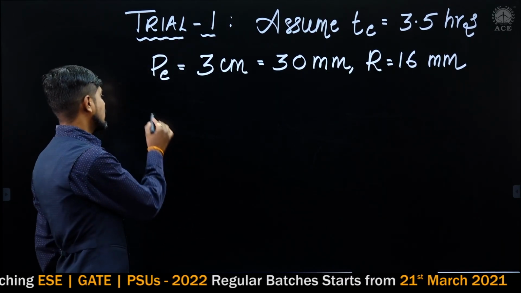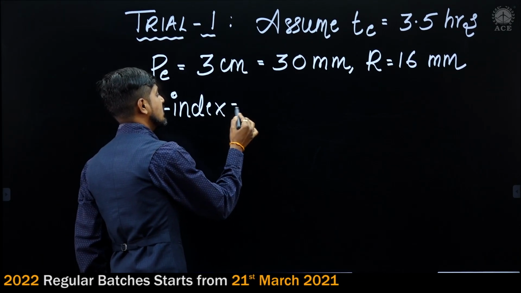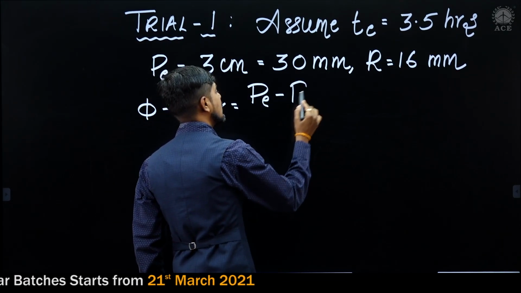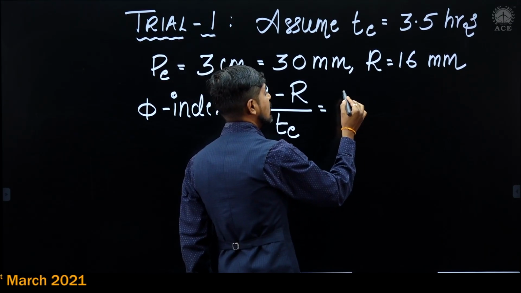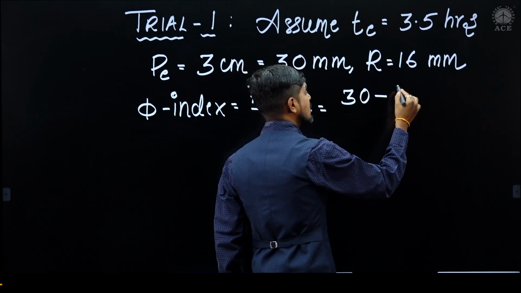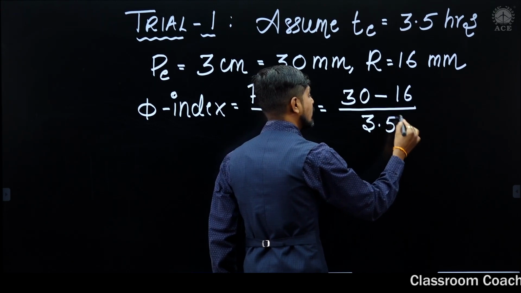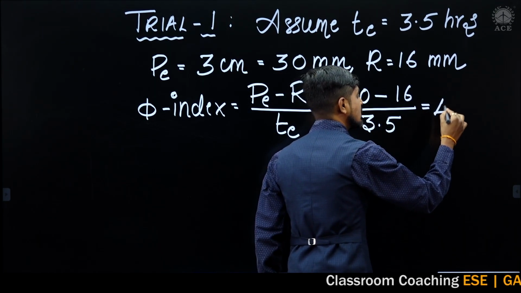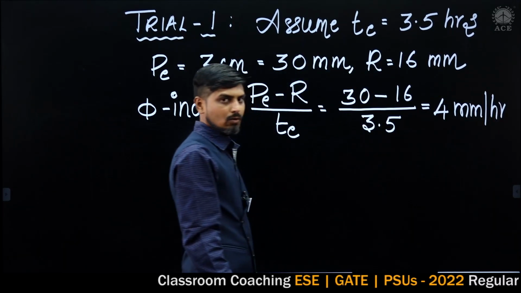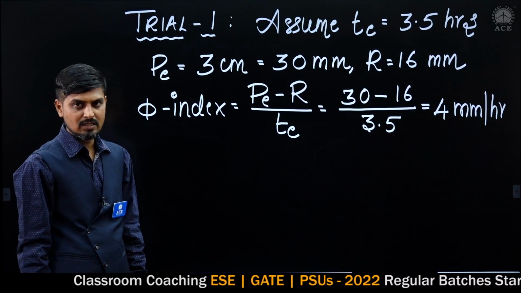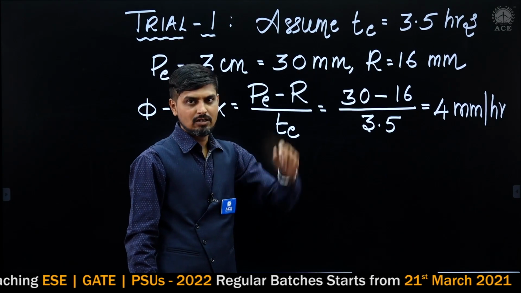Now use your phi index formula. Phi index is equal to PE minus R divided by TE. PE value is 30 minus 16 divided by TE, which is 3.5. Solve this, you will get the answer 4 mm per hour. Now, after obtaining the phi index value, you have to check whether your assumed TE is correct or not.